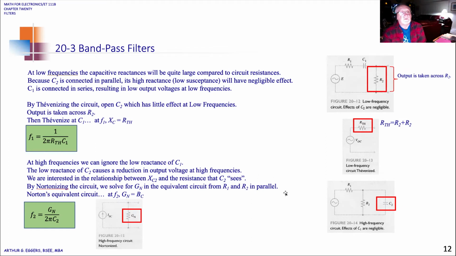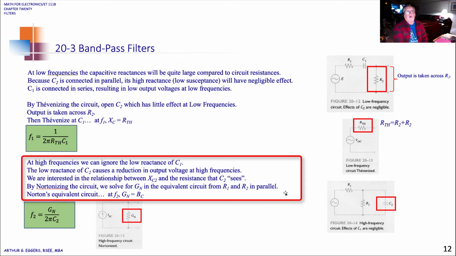At high frequencies, we can ignore the low reactance of C1. The low reactance of C2 then causes a reduction in the output voltage at high frequencies. We're interested in the relationship, again, between the reactance of C2 and the resistance that C2 sees. Remember what's going on here: when the capacitor starts sensing these frequencies, it starts to change its reactance.